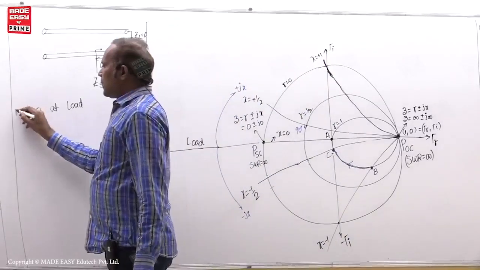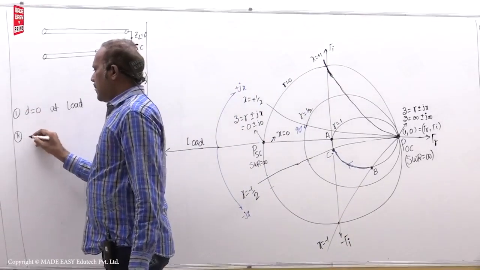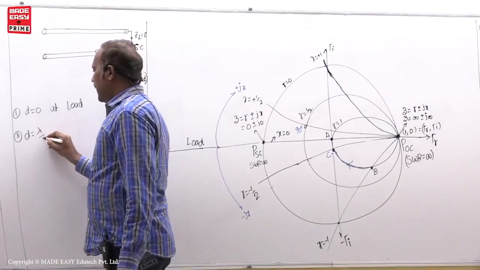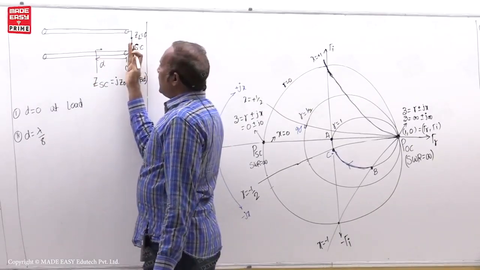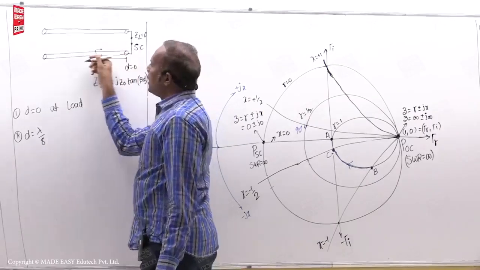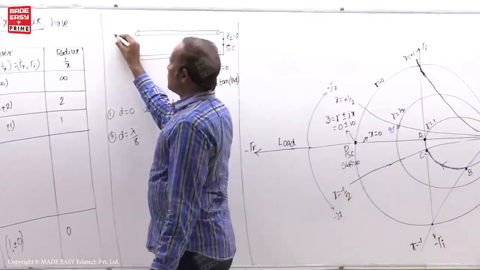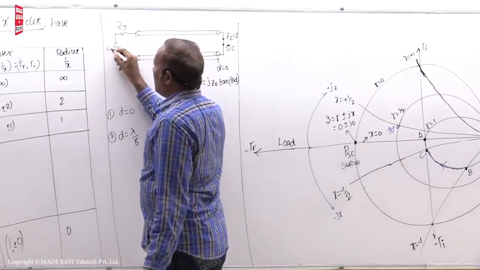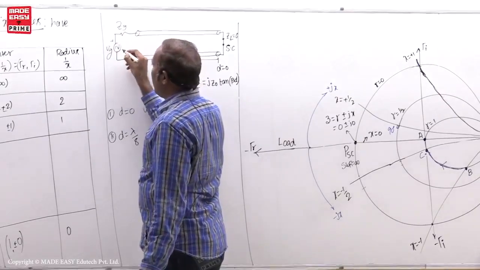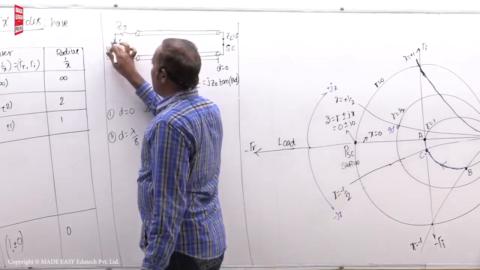Now I am substituting D is equal to lambda by 8. Then what do you mean? You are coming lambda by 8 meters distance towards the generator. So here is the generator, the signal generator, plus minus.